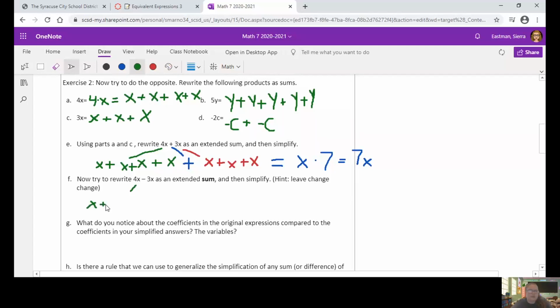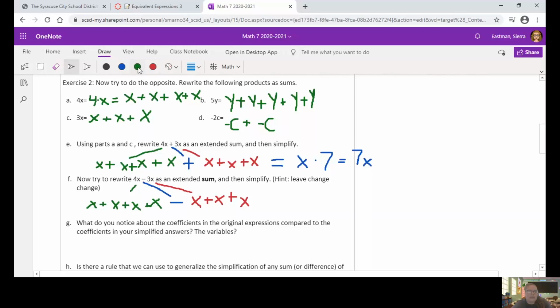This is, again, still from part A. We already split that up. Then I'm going to have my blue subtraction symbol right in the middle here. And I'm going to go to red for my 3x. It's part C that we've already done as well. Okay. But they still want it as that sum, like I said. So we have to use leave, change, change to actually create that.